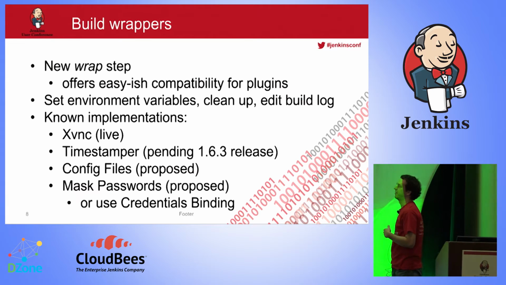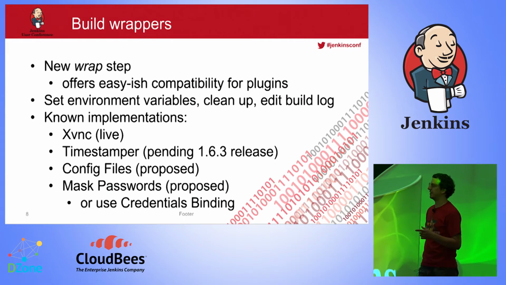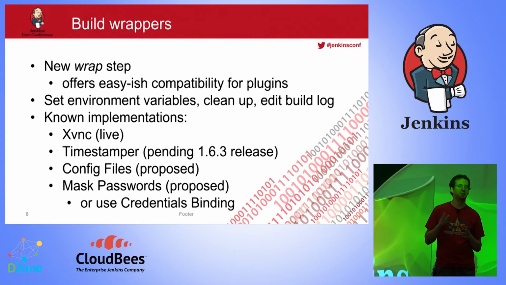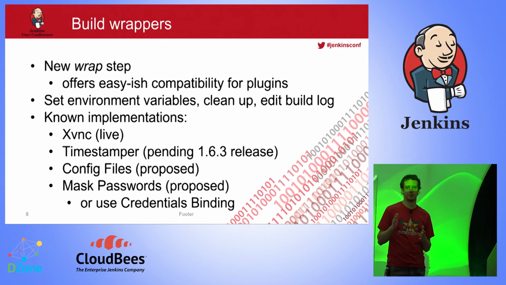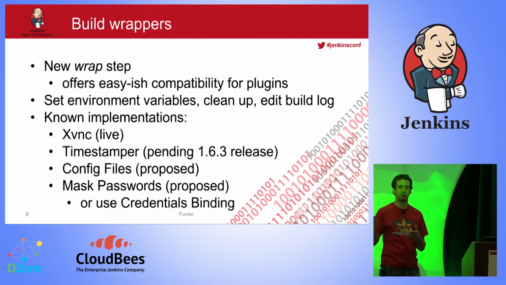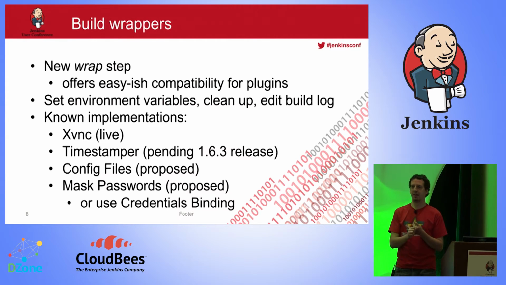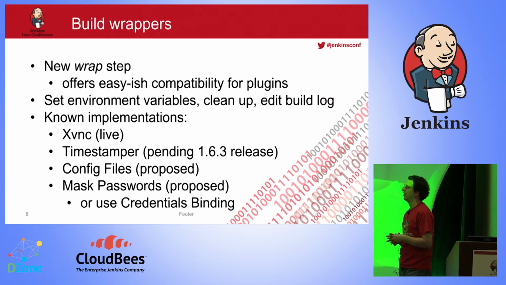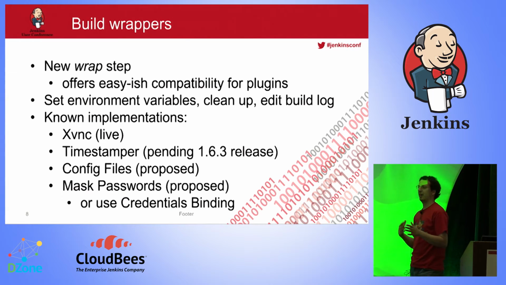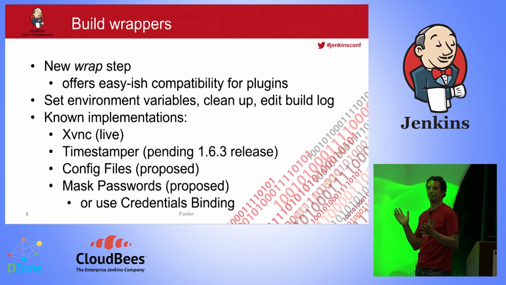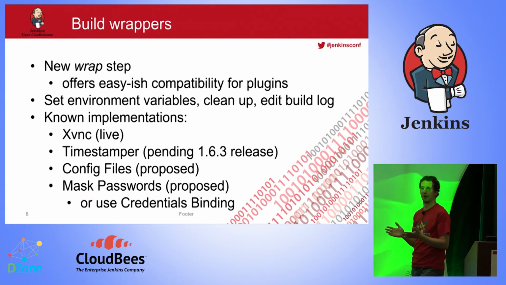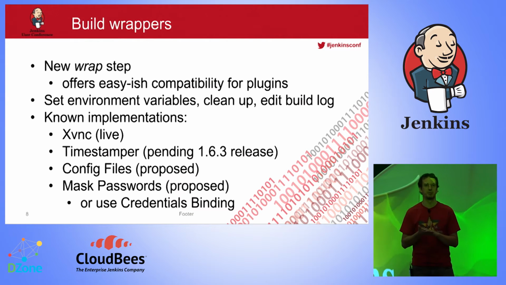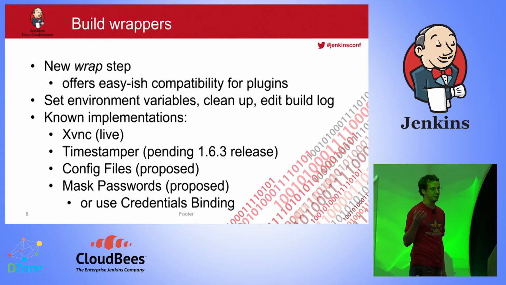And one thing that people really often need to do is deal with credentials. You want your build to be able to deploy to particular servers, check out from authenticated version control repositories, and do all of these things. In a lot of cases, you just want to be able to pass that password, or sometimes it's a special file with a signature key, something like that, into a build.